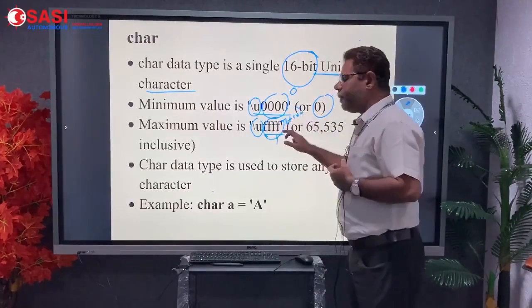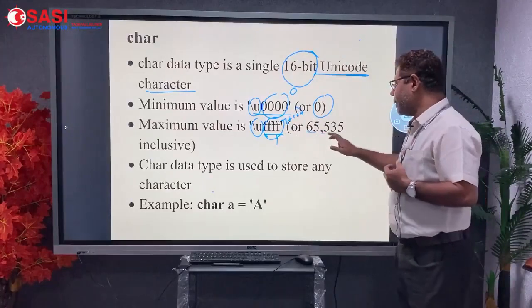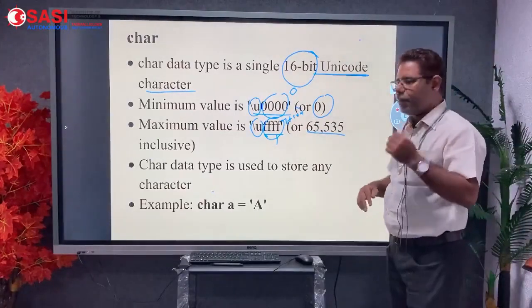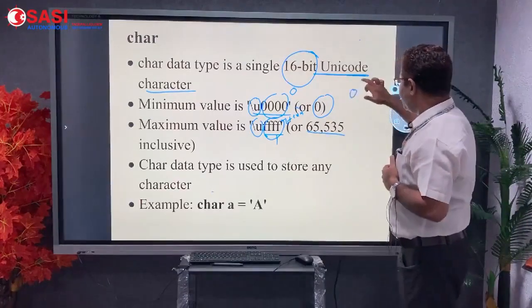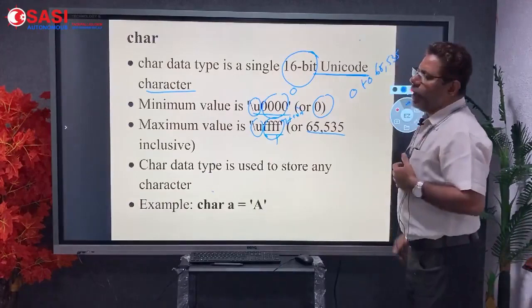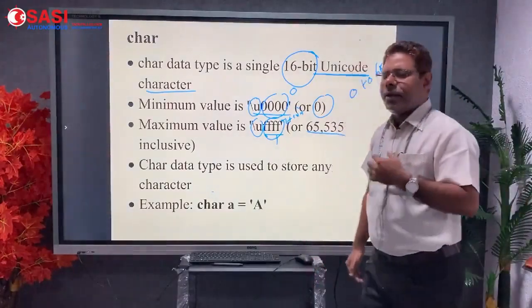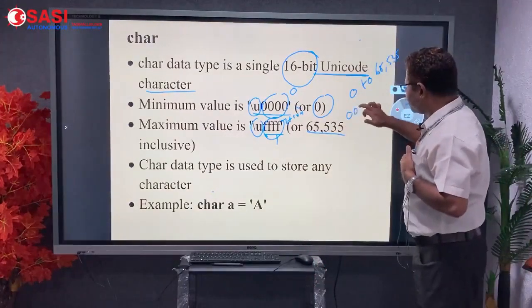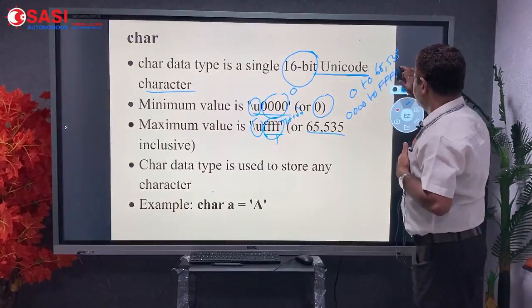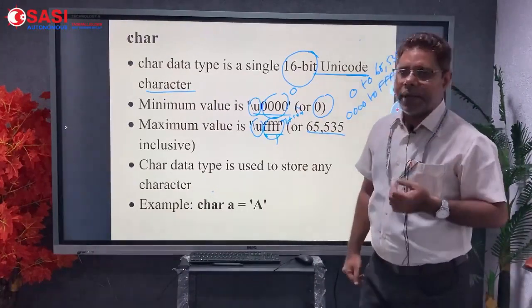When we convert the hexadecimal format into a decimal value, the value is 65,535. So in decimal format, the character range is 0 to 65,535. But in hexadecimal format, the range is \u0000 to \uFFFF. So this is the Unicode format.